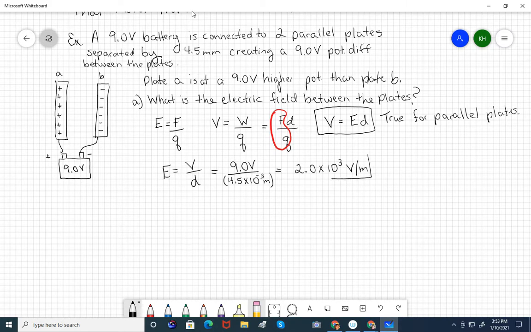And you go, Ms. Hughes, that's not what we learned for units. Previously, we said electric fields would be force divided by charge. That would be newtons per coulomb. So I better write, or 2.0 times 10 to the third newtons per coulomb.